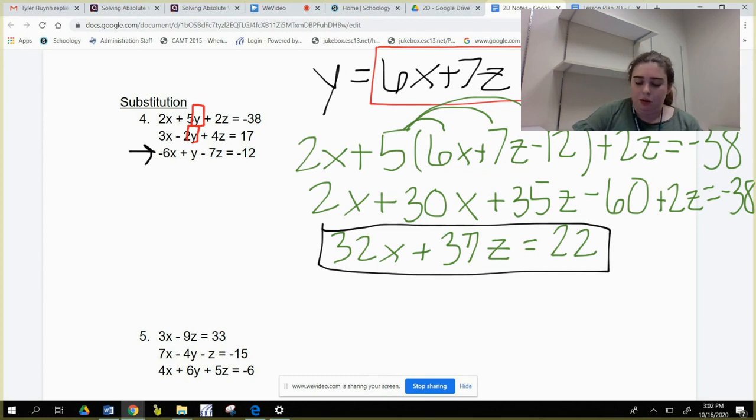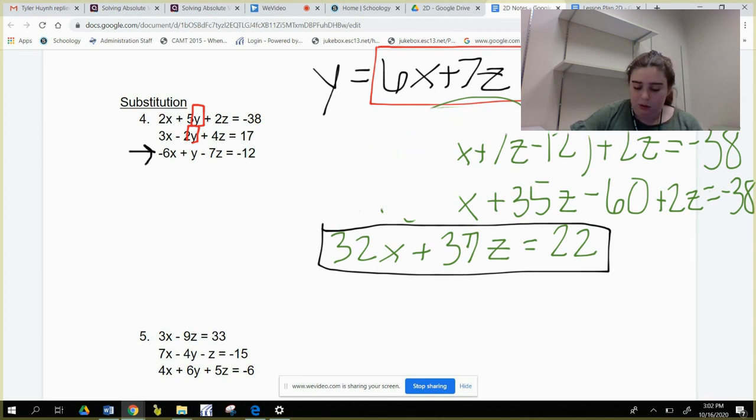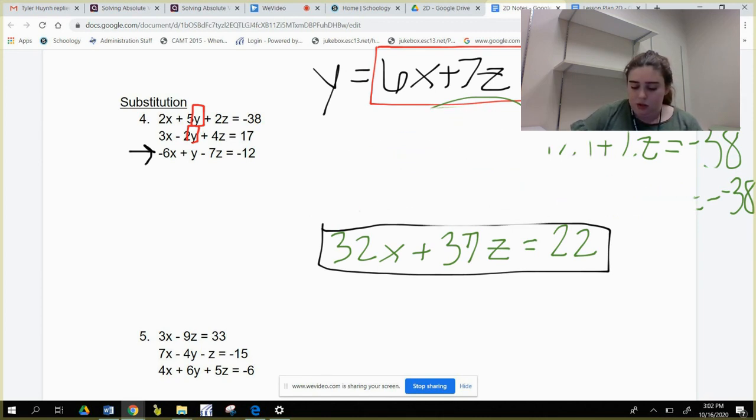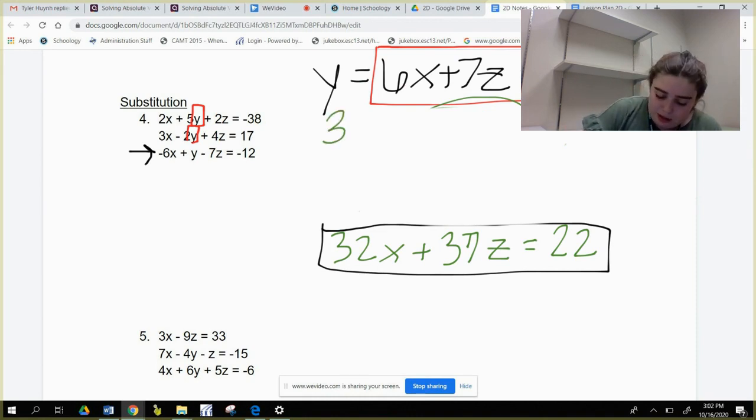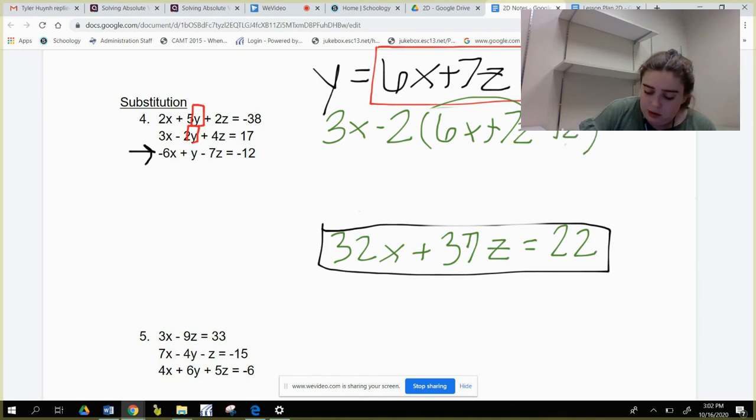Now I'm going to erase that work right there. And we're going to plug what we got for y into the second equation. Let's see what the second equation says. Our second equation is 3x minus 2, and then for y we're plugging in 6x plus 7z minus 12, and then plus 4z equals 17.